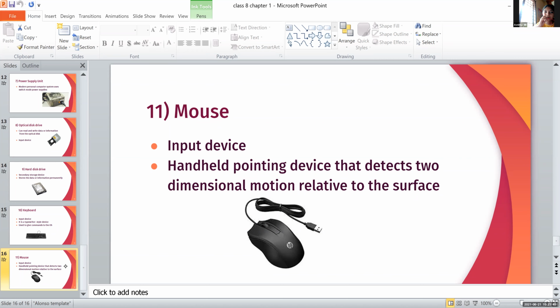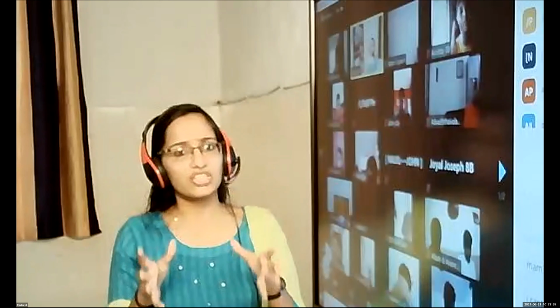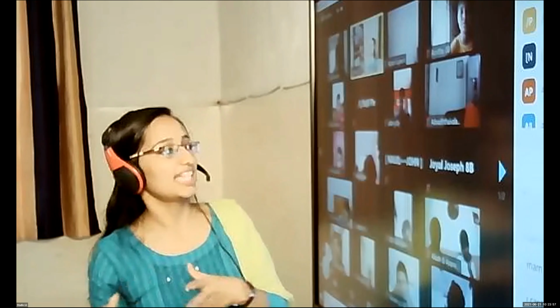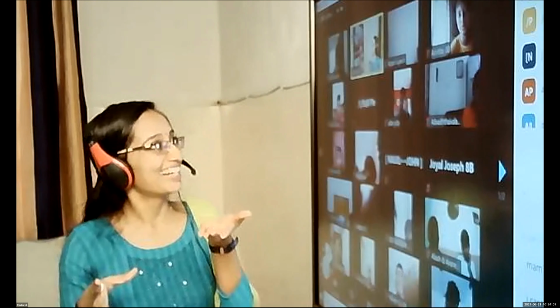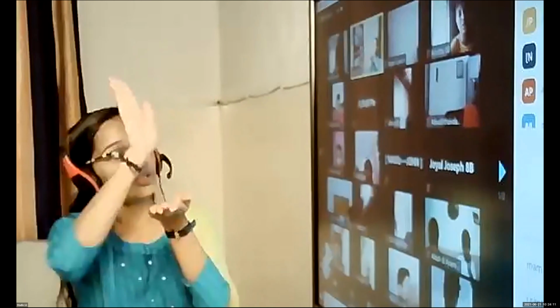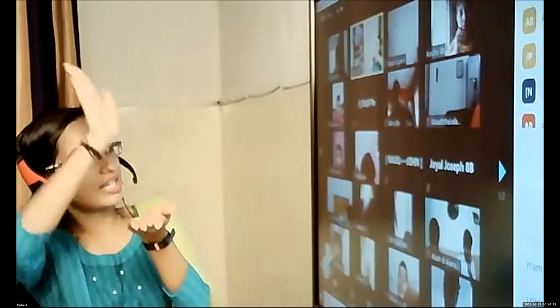Ma'am, two-dimensional motion means what? My dear, in your maths you have learned x-axis, y-axis and all, right? Yes, ma'am. We can move along the x-axis and along the y-axis. Can we move the mouse in an upward direction like this? Yes, ma'am.